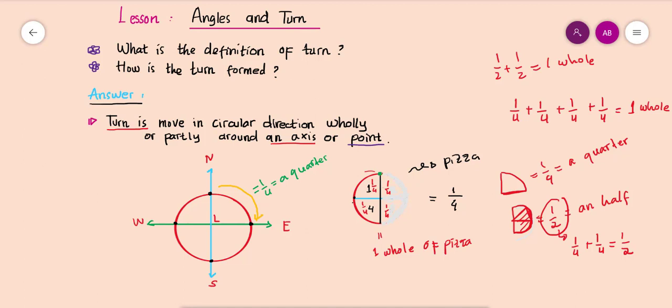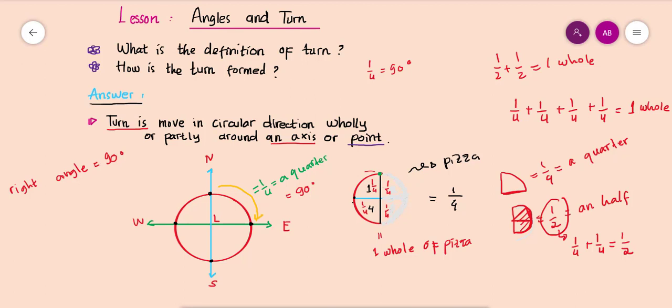So 1 over 4 of a turn is equal to 90 degrees, everyone, because it's a right angle. The measure of a right angle is 90 degrees. So 1 over 4 is a quarter and also equal to a 90 degree angle, or right angle.